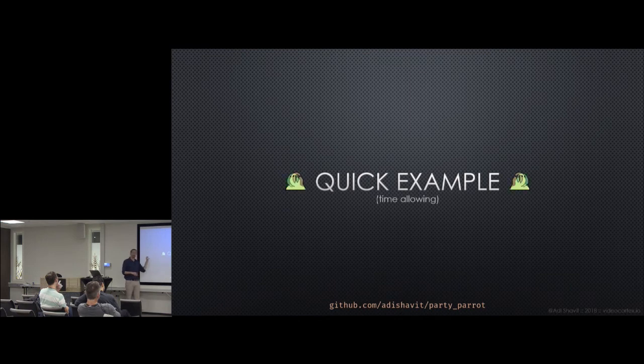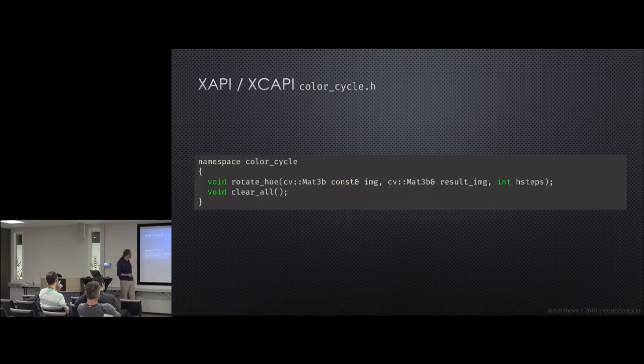And I said, OK, let's see if I can apply that type of color rotation on the actual video in real time. So I wrote a simple function called rotate hue. I used OpenCV, a computer vision image processing library. I'm not going to show the code of the implementation, but I have a function called rotate hue.